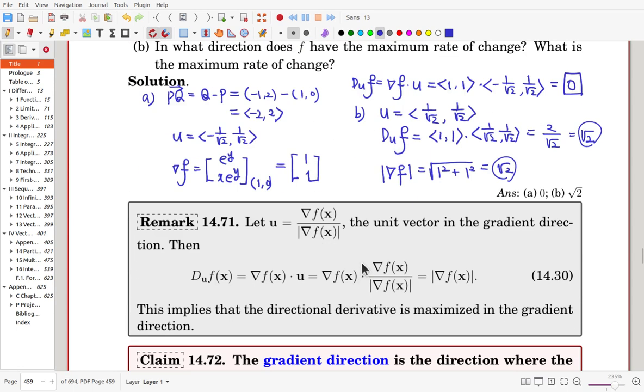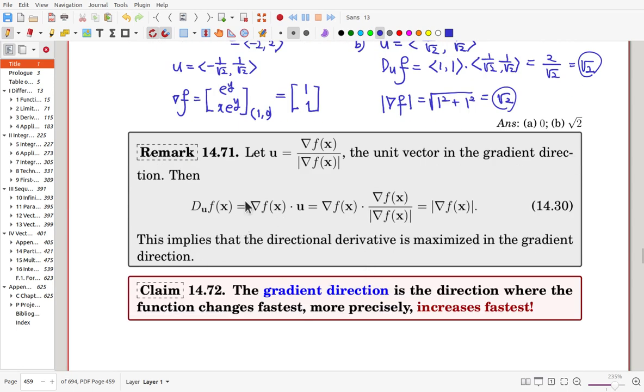Okay? u is the unit vector in the gradient direction, so we can get this form. Then the directional derivative is written in this form in dot product, and u is replaced by the choice.